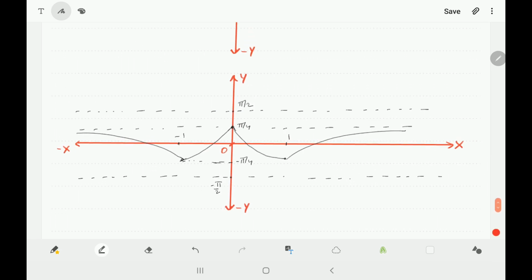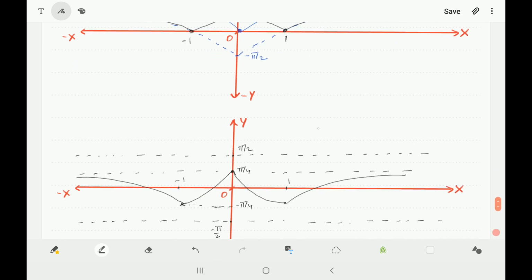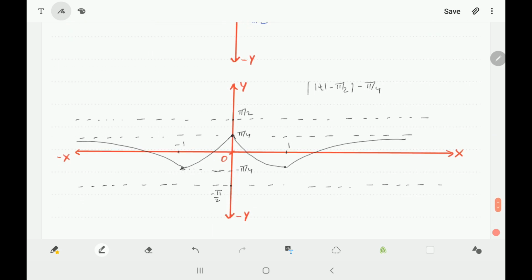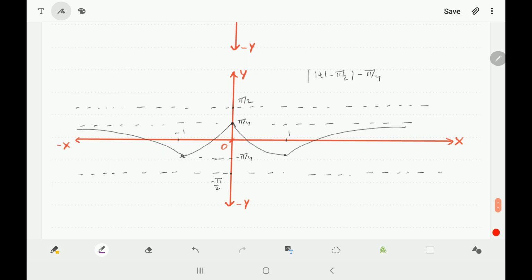Now you have drawn the function mod of t minus pi by 2 modulus, minus pi by 4. This is in black. So you have to finally take one more mod. So the positive part will remain like this.